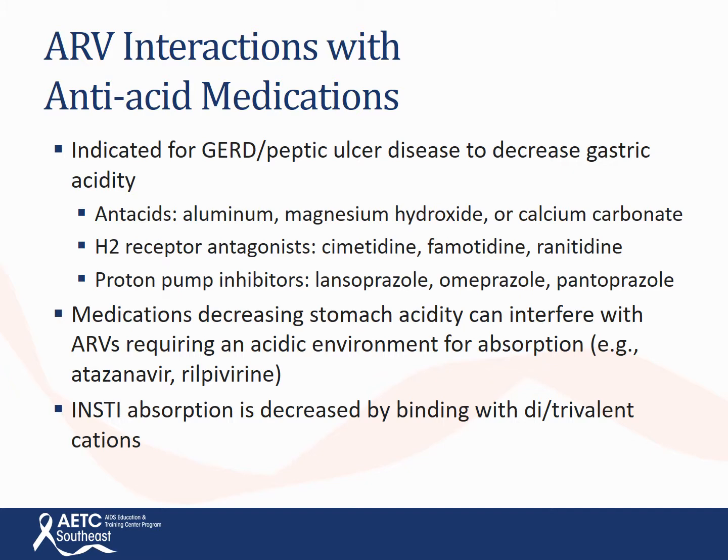So if a patient taking an integrase inhibitor takes an aluminum, magnesium, or calcium-containing antacid, then the integrase inhibitor will bind to the antacid and won't bind to the viral integrase enzyme, and in doing so, it won't work effectively. Again, this interaction has nothing to do with stomach acid. It only has to do with the positive charge on the aluminum, magnesium, and calcium ions. So patients on integrase inhibitors can safely take H2 blockers and PPIs for heartburn.